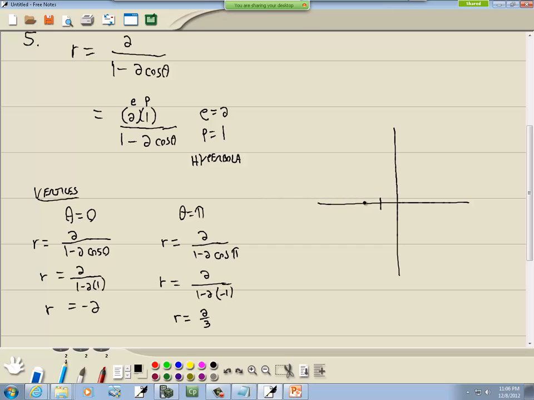So come over here, and that'd be a negative 2. That's one of my vertices. And then pi is over to here, and then we're going to go a distance of 2/3. Well, since I'm over here, a distance of 2/3 would be right here. And I made that too small, so let me try that again.